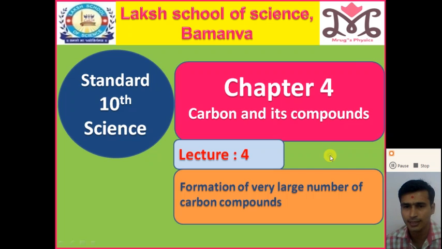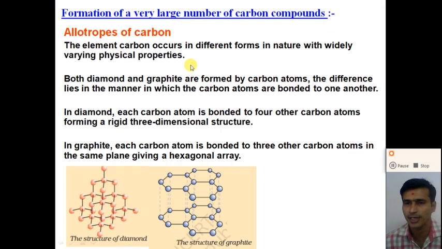So let us start with the formation of the very large number of carbon compounds, which are called the allotropes of carbon, right? Now what do you mean by the allotropes of carbon? Allotropes of carbon means the carbon atoms are joined with other carbon atoms in different forms, right?